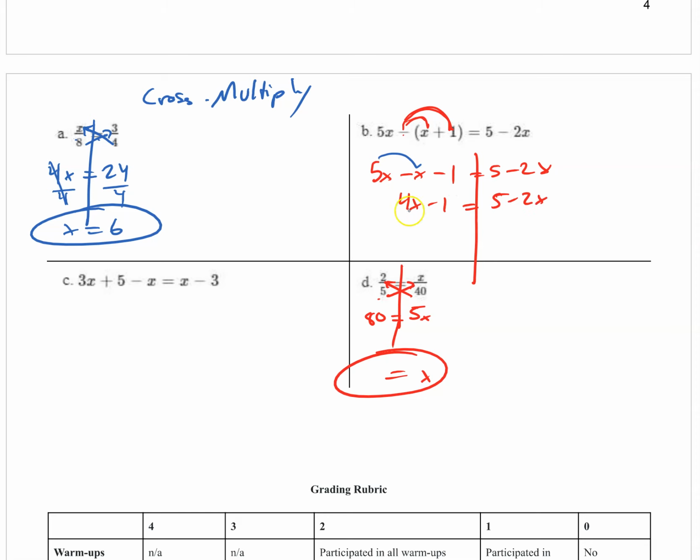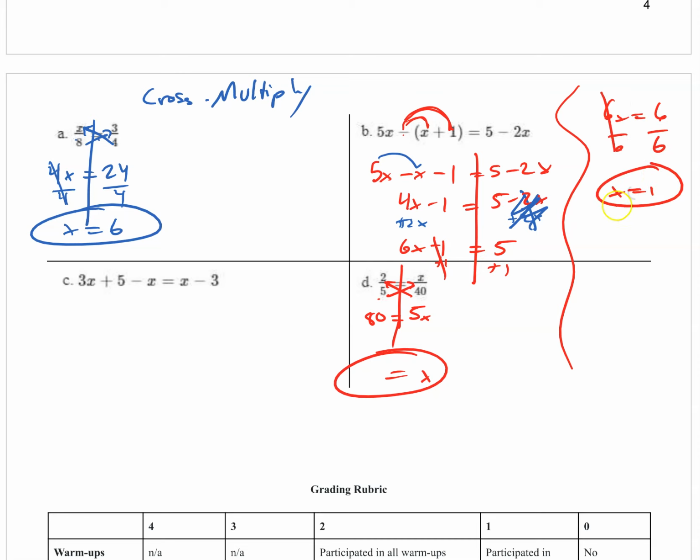Now we pick the smaller of the x terms, since there's an x on each side. We cancel it. Make a 0 pair. So negative 2x plus 2x, that's going to make that vanish. And we're left with 4x plus 2x, that's 6x minus 1 equals 5. We're almost there. Add 1 to each side. 6x equals 6, and then divide both sides by 6. So x is 1.